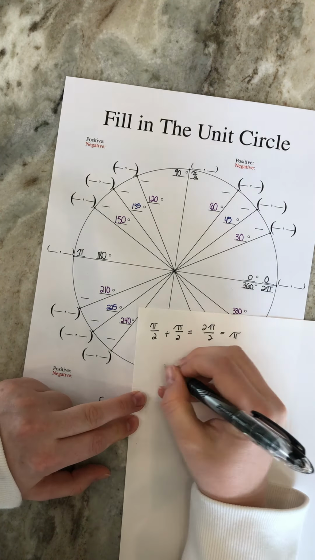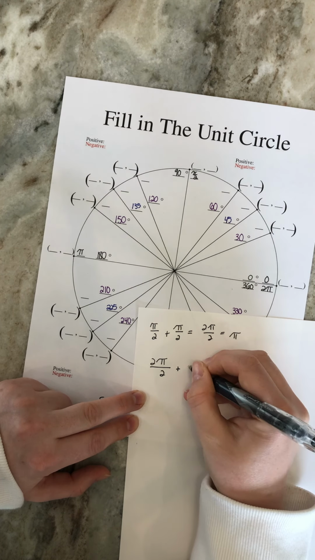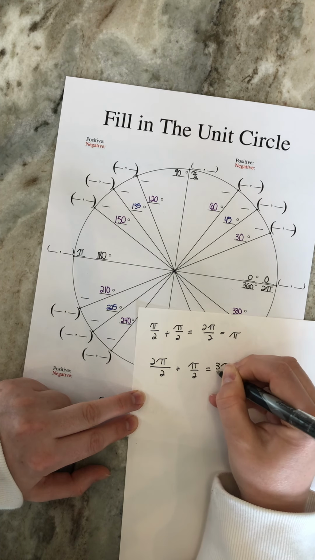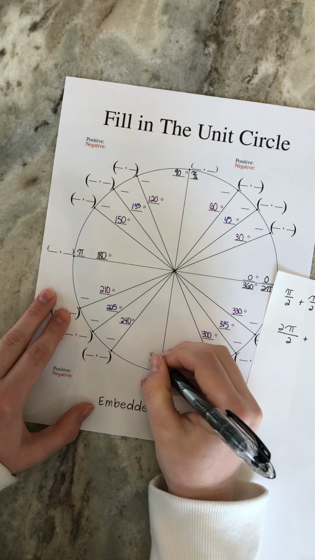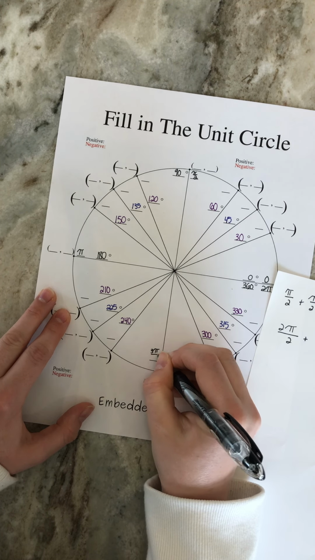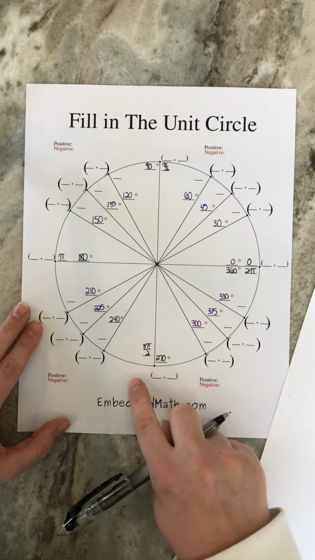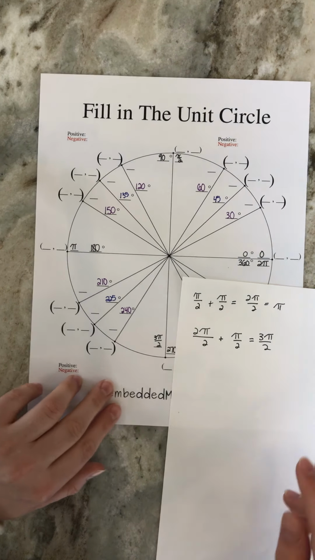So we are going to take that 2 pi over 2 and add another pi over 2. And that brings us to 3 pi over 2. So it turns out that 270 degrees equals 3 pi over 2 radians. If I want to figure out what my measure is for this one, I could add another pi over 2.